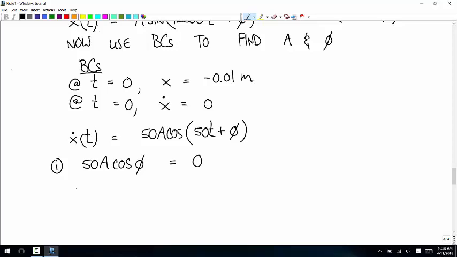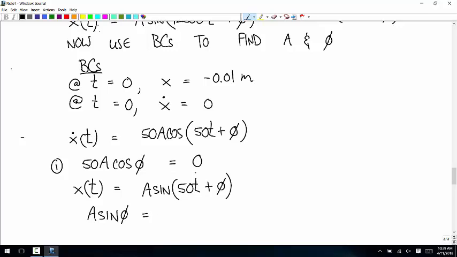And then our second equation says, x as a function of time is equal to a times the sine of 50t plus phi. We know that this is equal to negative 0.01 at time 0. So a times the sine of phi is equal to negative 0.01.